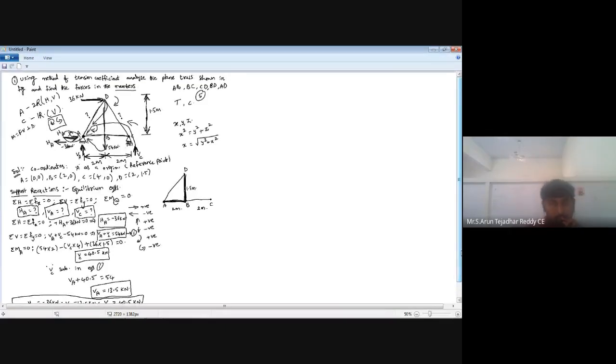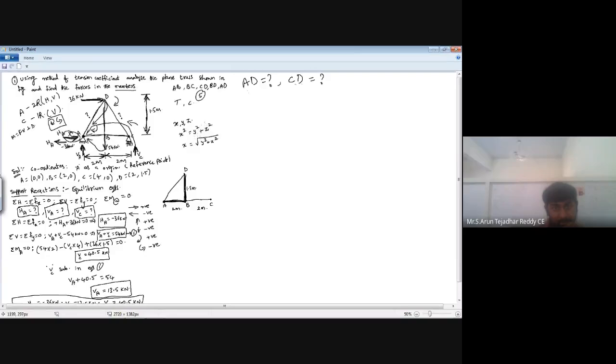To make one table, because we don't know the length of AD member, we don't know the length of CD member. So next, calculate these two lengths. How to find these two lengths?